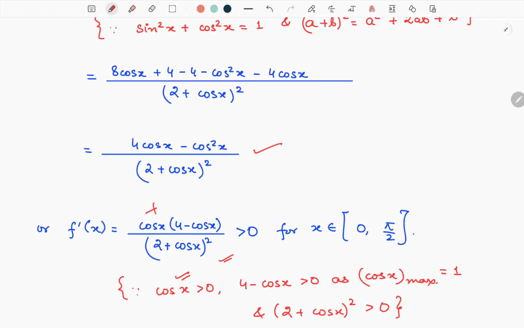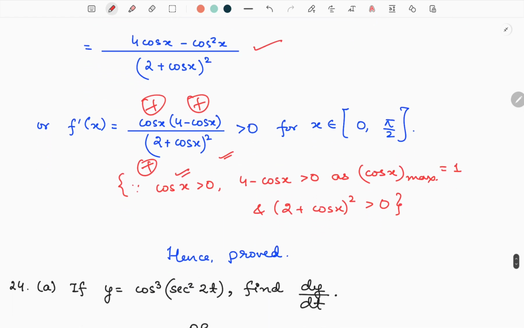So this is positive, this is positive, and this is positive. Positive upon positive will give us a positive value only. So f dash x is greater than 0 if we take x in the interval of 0 to pi by 2. So this proves that f x is an increasing function in 0 to pi by 2.